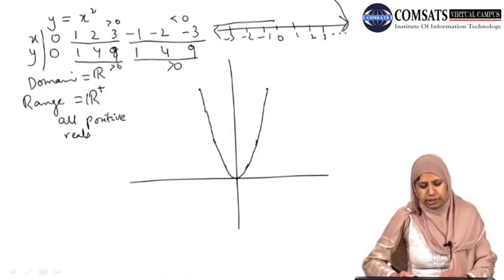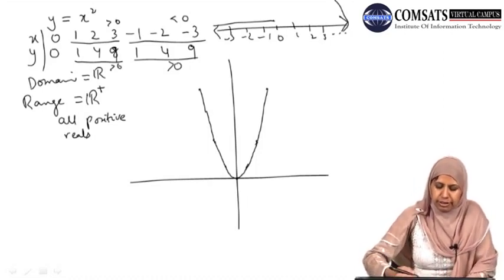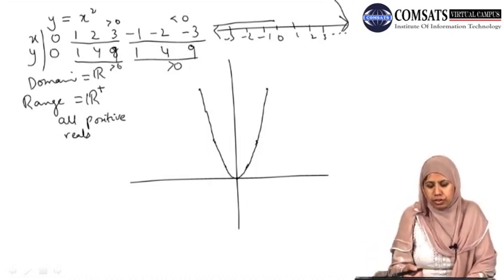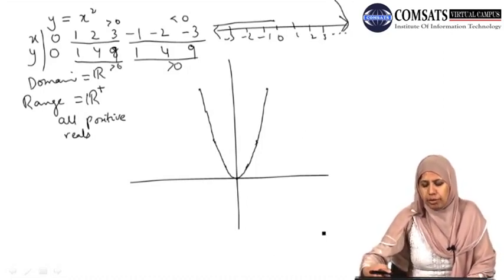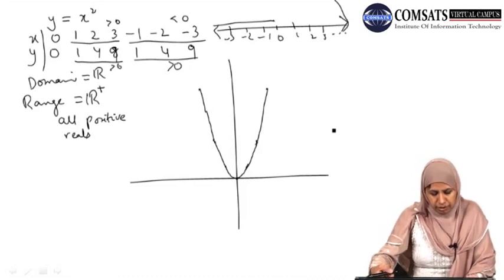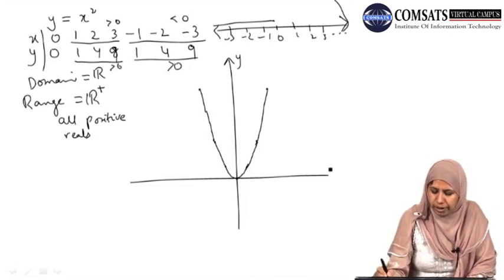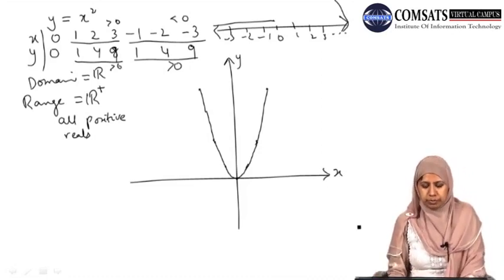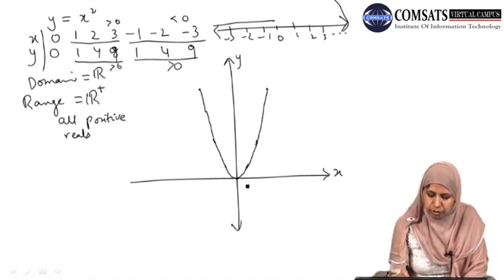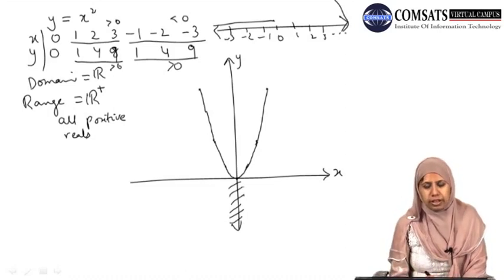Okay, since I have said that the range of this function is all positive reals, clearly the graph shows that the graph lies above the x-axis. That is, only the positive values of y are the possible outputs. There is no negative value, no output is coming on this negative y-axis.